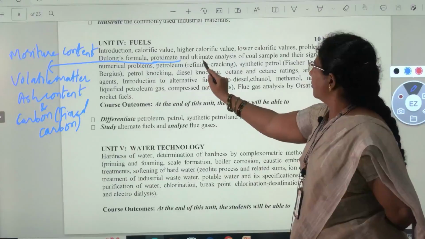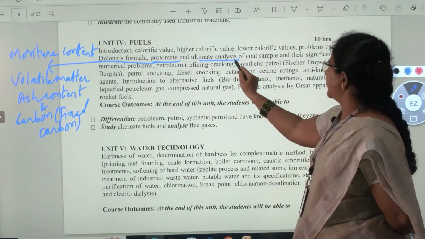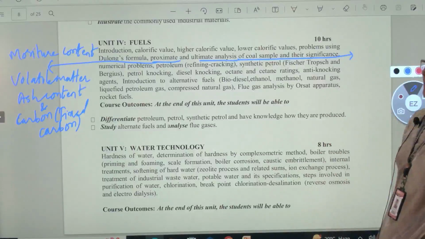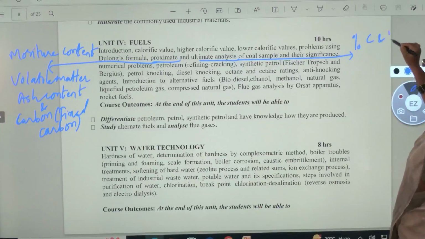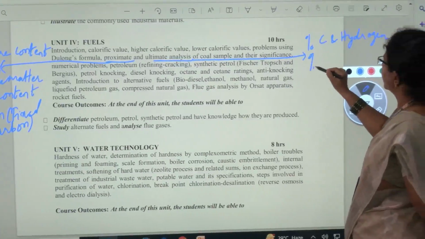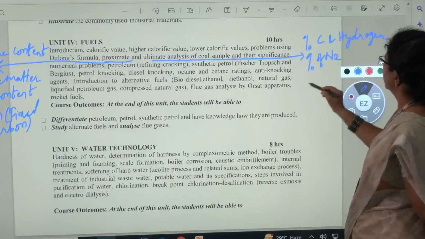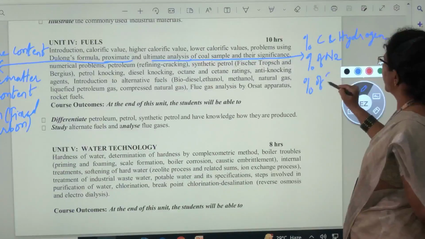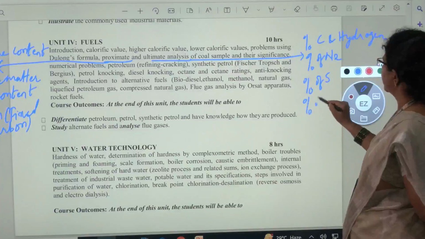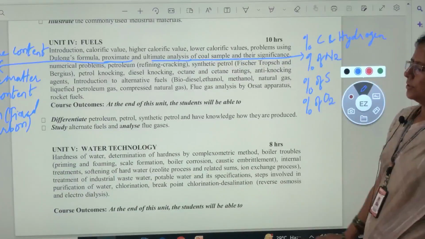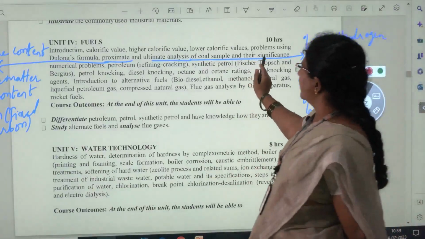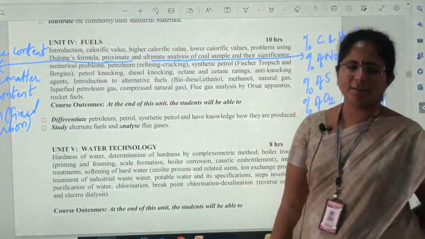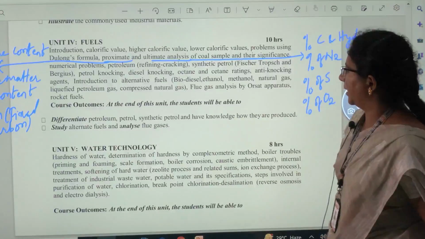And the next analysis of coal is ultimate analysis. Using ultimate analysis we will be analyzing the percentage of carbon and hydrogen, percentage of nitrogen, percentage of sulfur and percentage of oxygen. So these will be analyzed in ultimate analysis. And after that we have to discuss the significance of proximate analysis and the significance of ultimate analysis.